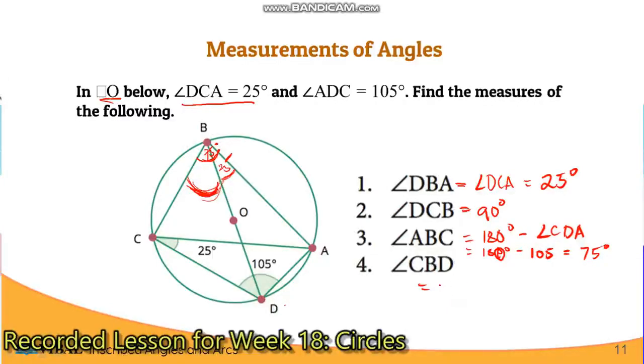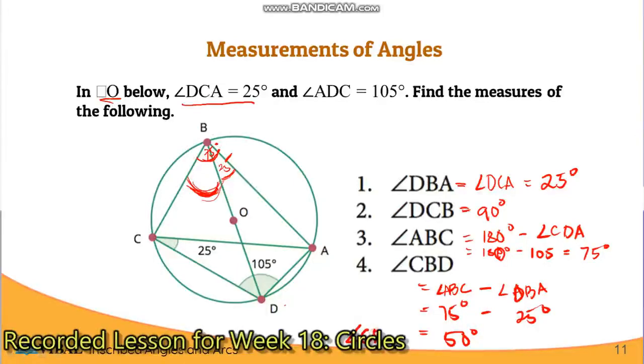Our formula here is angle ABC, that's 75, minus angle DBA, because they fall on the same angle. So that is 75 degrees minus 25 degrees. So we have now 50 degrees for angle CBD.